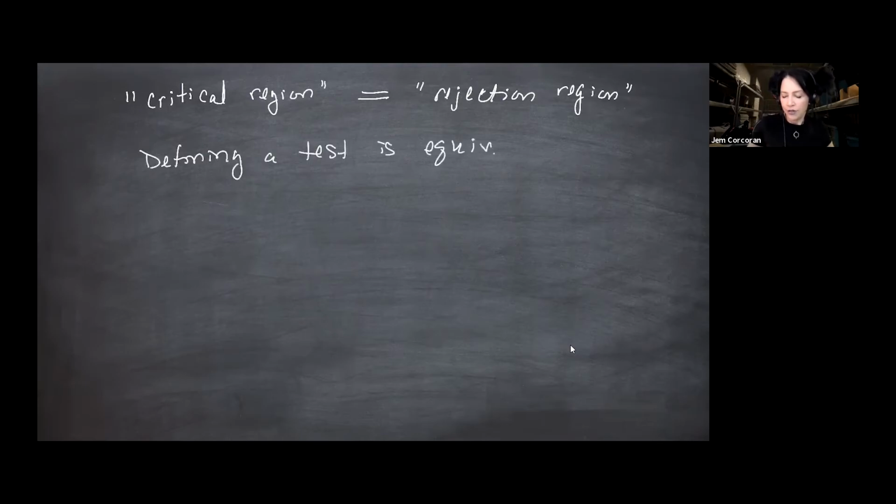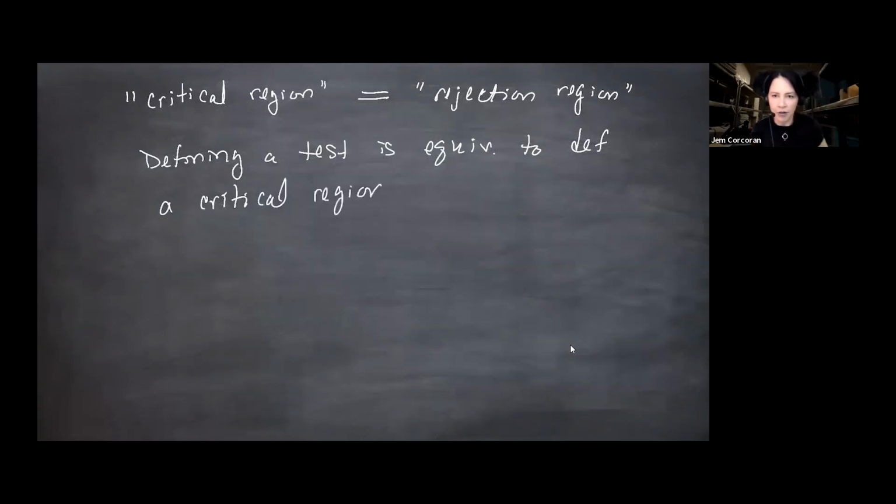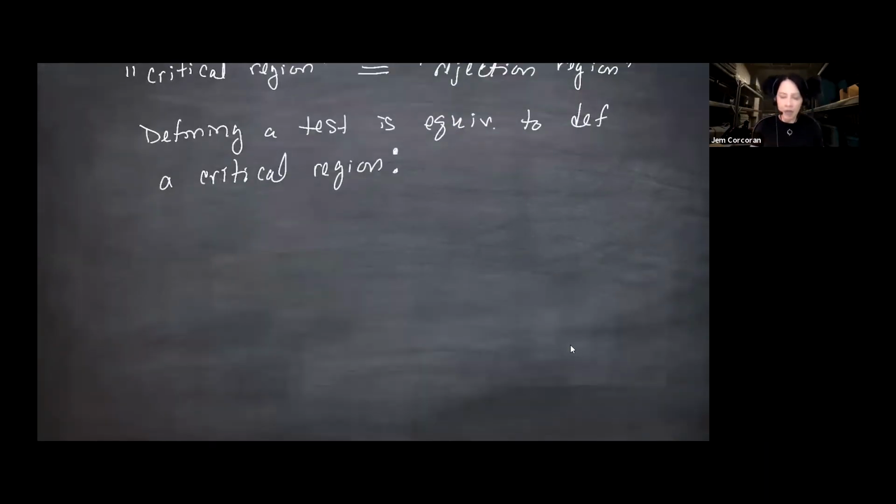Equivalent to defining a critical region, which is the slightly more grown-up way to say rejection region. Stats 101, you'd call it a rejection region. So what do I mean by this? Maybe we're testing one thing, and I don't even want to set up some hypotheses. But we've seen many tests where we've done a test based on, say, a minimum and based on a sample mean.